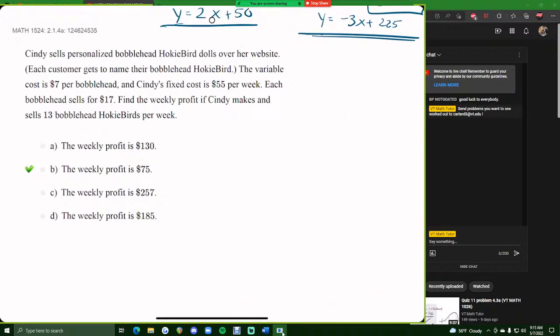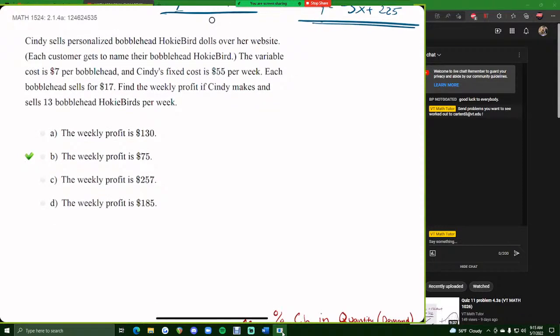Let's keep going. This I could totally see as like a solid fundamental problem on the final. Let's jump into it. They ask us to find the weekly profit if they sell this many bobbleheads. Profit is revenue minus cost. Revenue is price times quantity. Cost is variable cost times quantity plus fixed cost. So the revenue will be the price that they're selling the bobbleheads for.